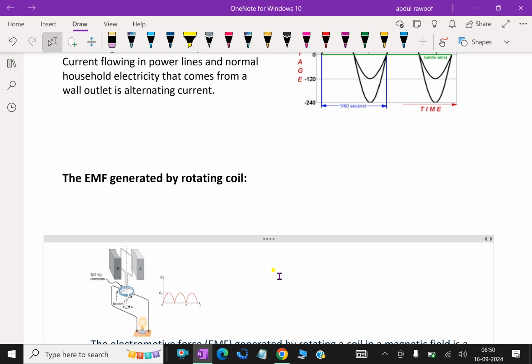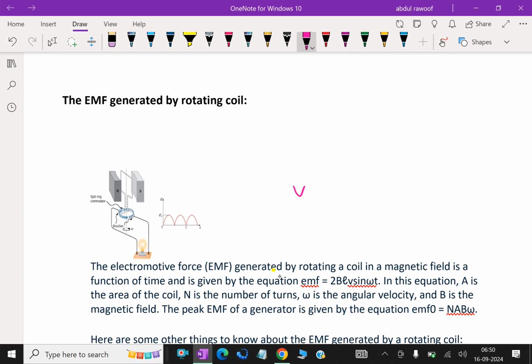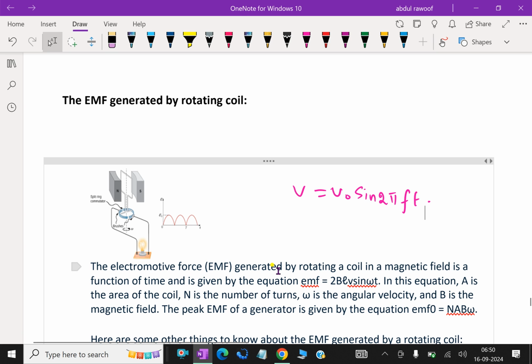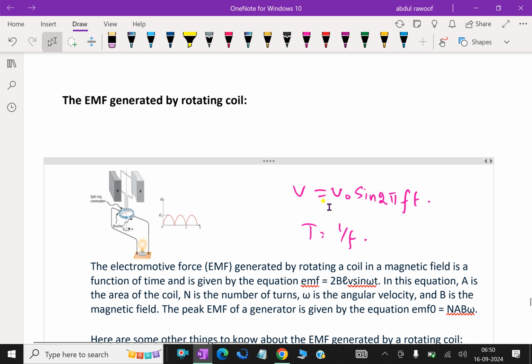The instantaneous voltage V generated has the form V equals V0 sine 2 pi f t, and time period T equals 1 over f, where f is the frequency, V is the final voltage and V0 is the initial voltage.